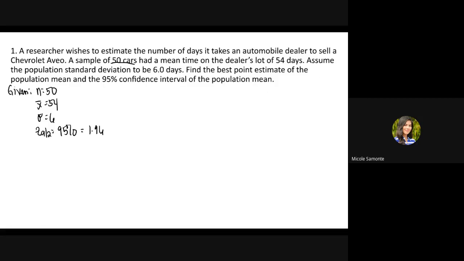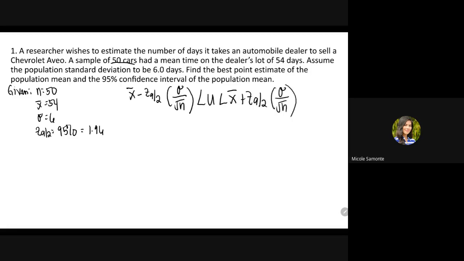So let's apply that in the formula. The formula there is sample mean minus Z alpha over 2 multiplied by the population standard deviation divided by the square root of the sample size, less than the population mean, less than sample mean plus Z alpha over 2 multiplied by the population standard deviation over the square root of the sample size. Tapos i-plot mo lang yan sa given.